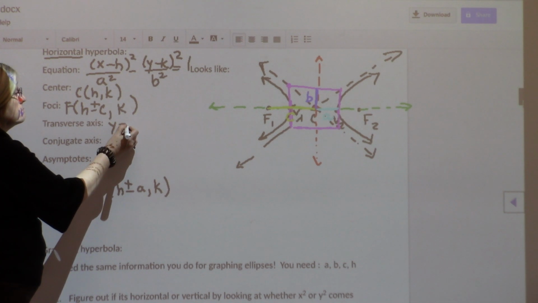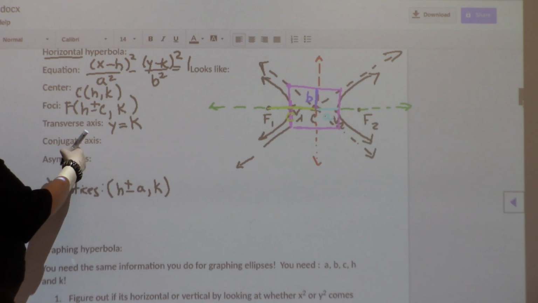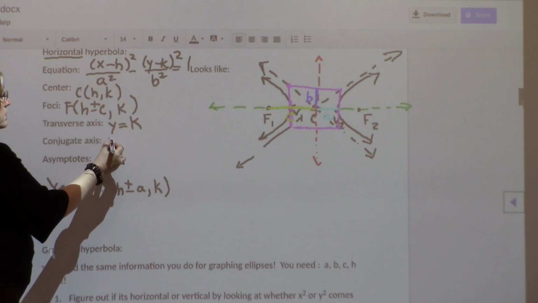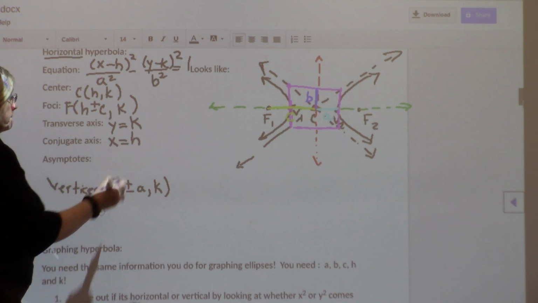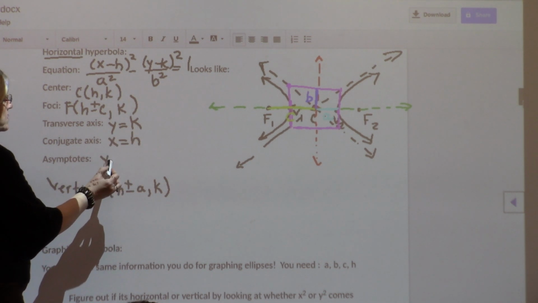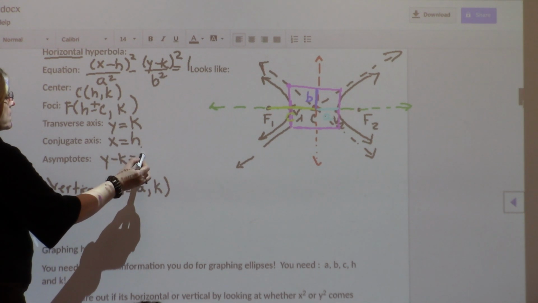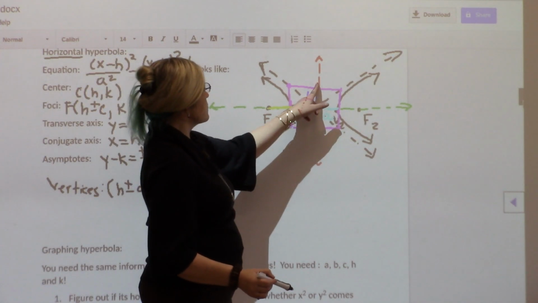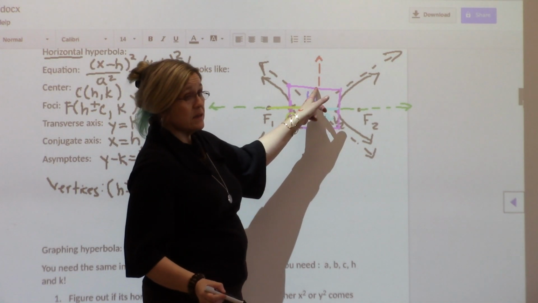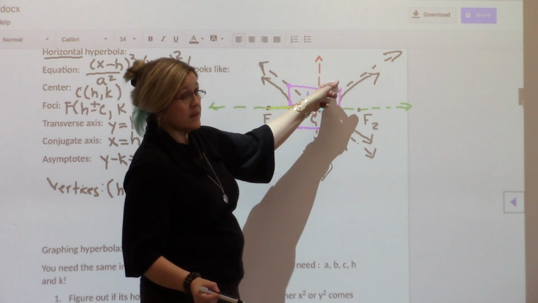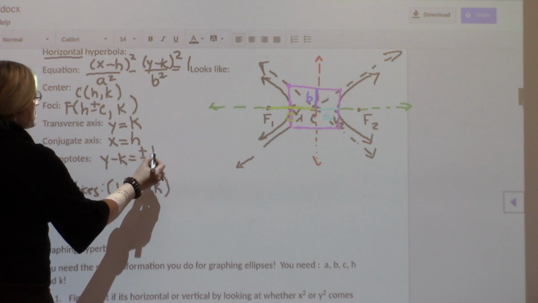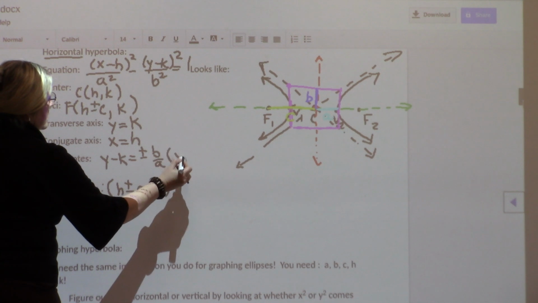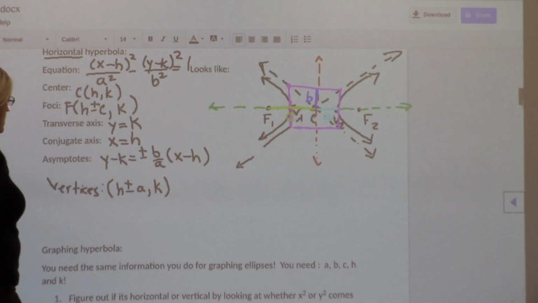So conjugate's going to be vertical. And we said the asymptotes would still be y minus k equals plus or minus this time instead of b over, or what was it last time? Well, it doesn't even matter. Rise over run. Rise is, run is. So this time it's b over a and x minus h. Okay?